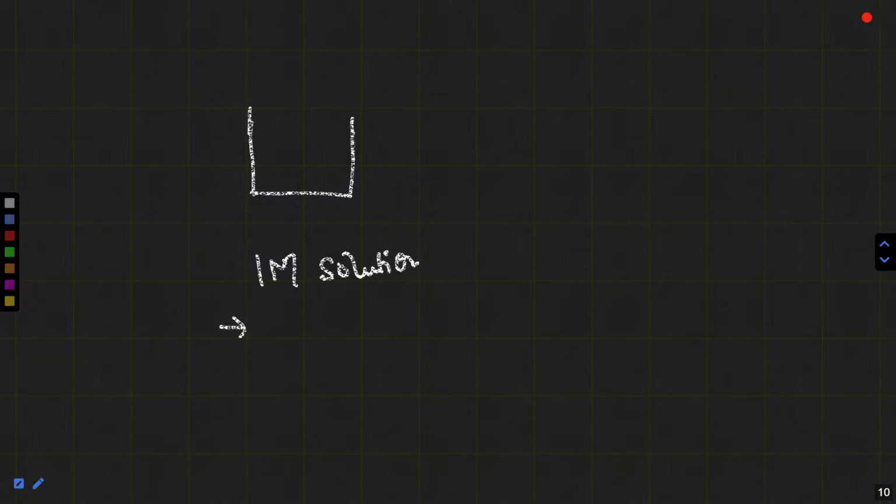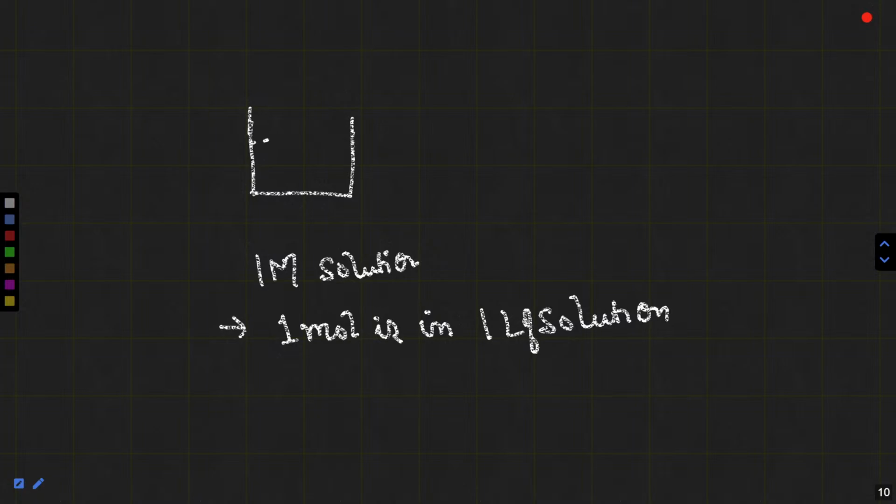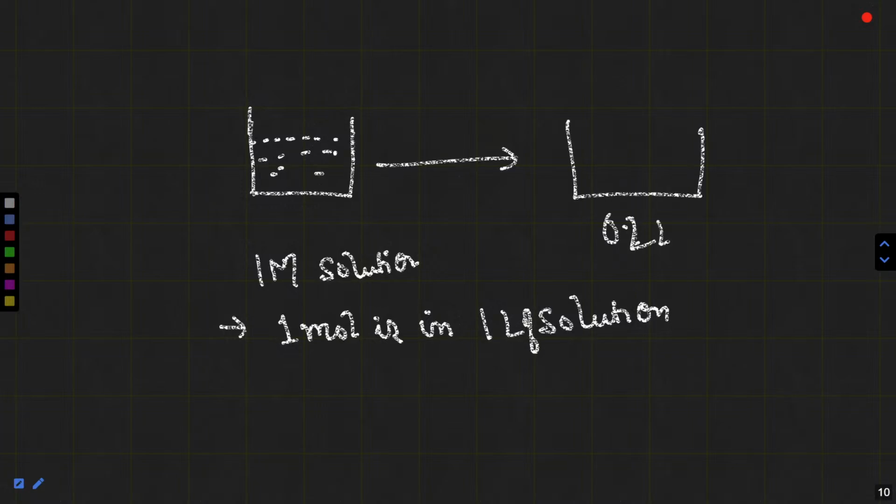And when we are saying 1 molar solution, it means 1 mole is in 1 liter of solution. Okay, no problem with it. Good. Now suppose out of this solution we take only 0.2 liters.